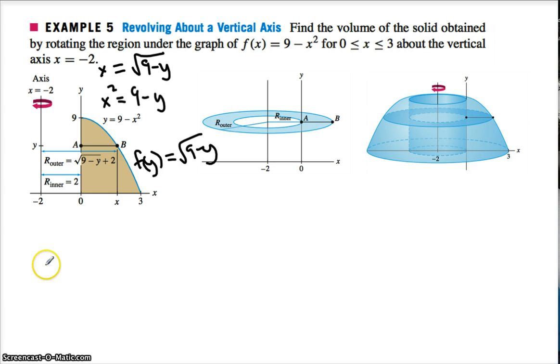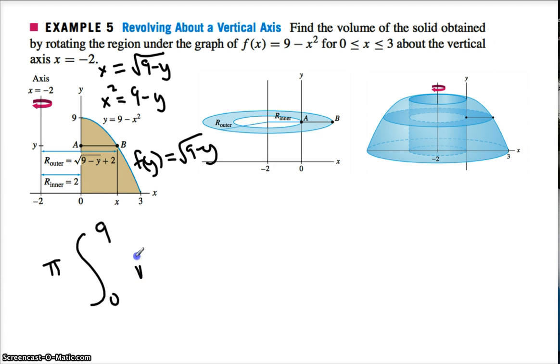Okay, so let's set up our volume formula here. Pi, the limits of integration here, the y values go from 0 to 9. The distance from f of y to this x equals -2 will be this square root of 9 minus y, but you'll have an extra 2 units here, an extra 2 units from the y-axis to there.